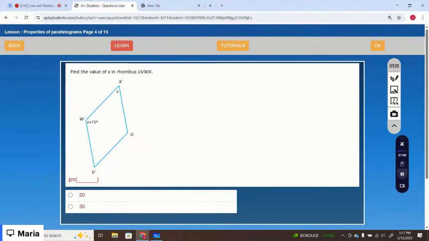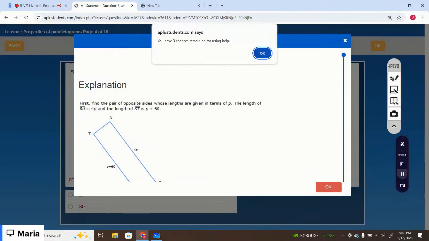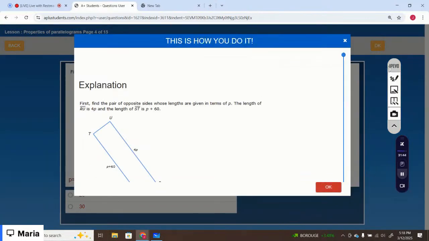Find the value of s. Not given with the correct option. The question is different, the answer is different.